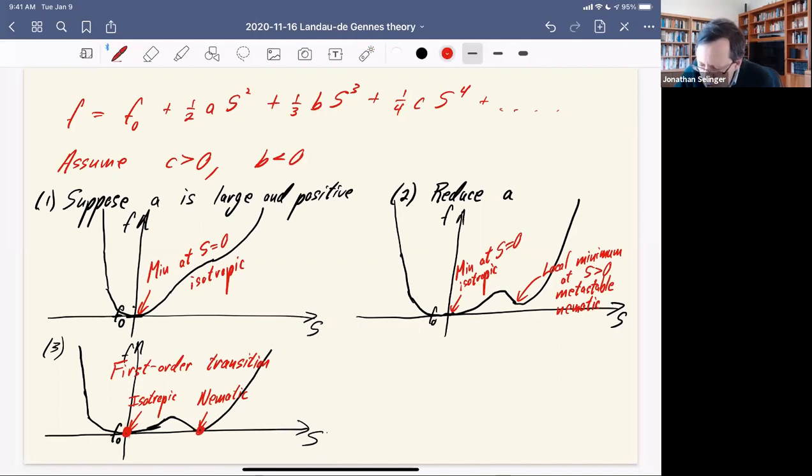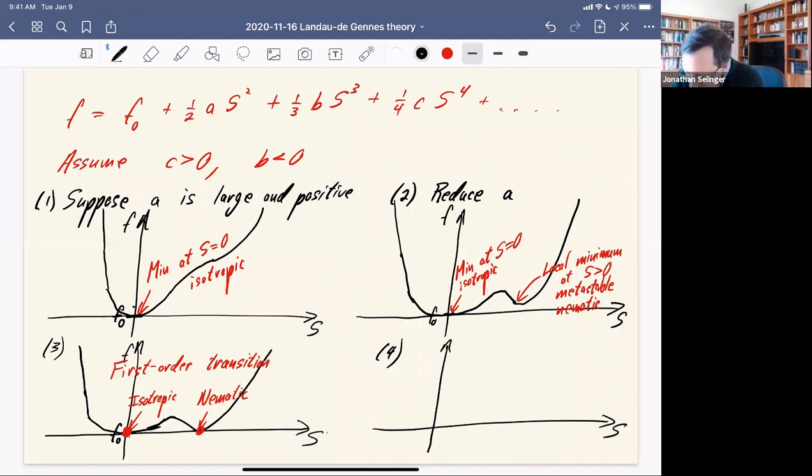And then to draw one more plot, if we reduce A even more, we have a function for the free energy, which starts off going up a little bit. It's a parabola. And then it comes around, it becomes more negative over there. It gets to an even lower value of the free energy over there and goes up over here.